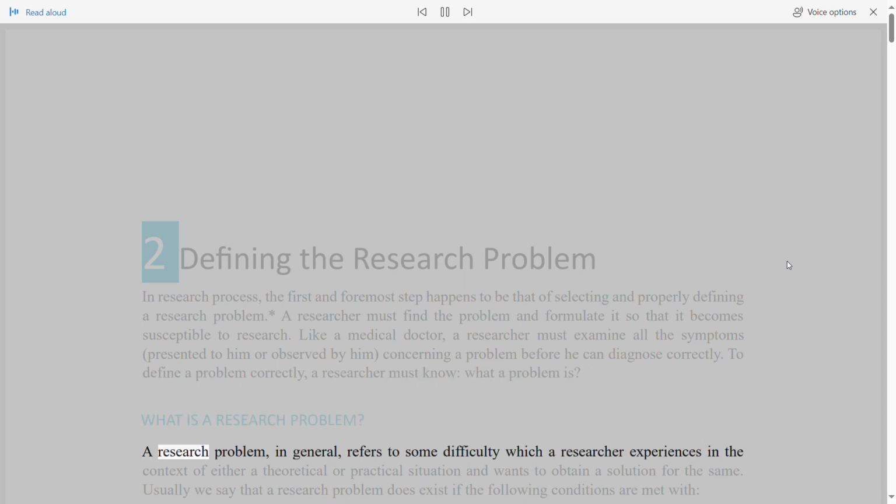A research problem, in general, refers to some difficulty which a researcher experiences in the context of either a theoretical or practical situation and wants to obtain a solution for the same. Usually we say that a research problem does exist if the following conditions are met with. 1.